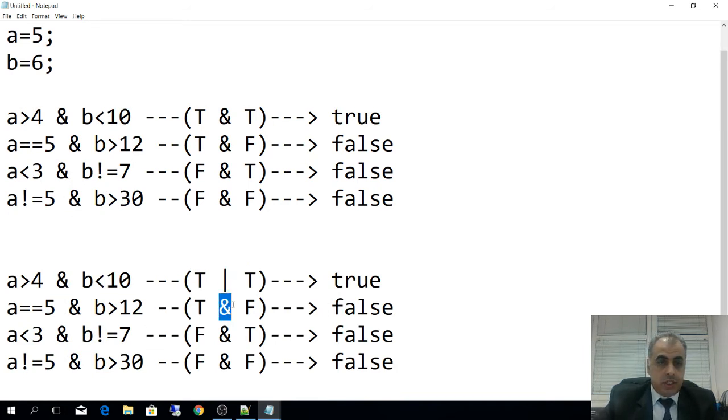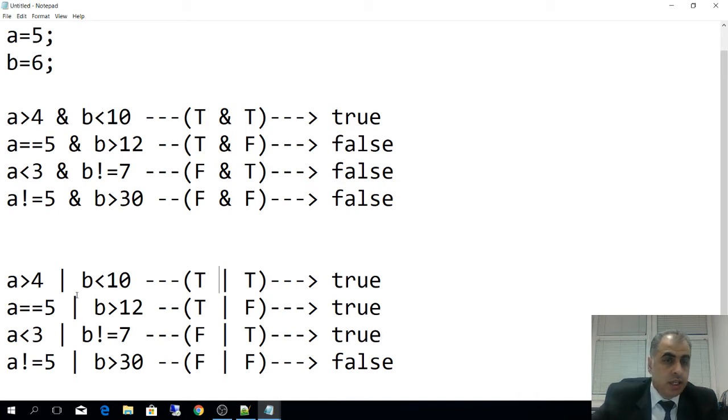After I write all those things, you can stop and check if you want to. And then here is an example for the OR operator. So it is also true, and this result is also true.